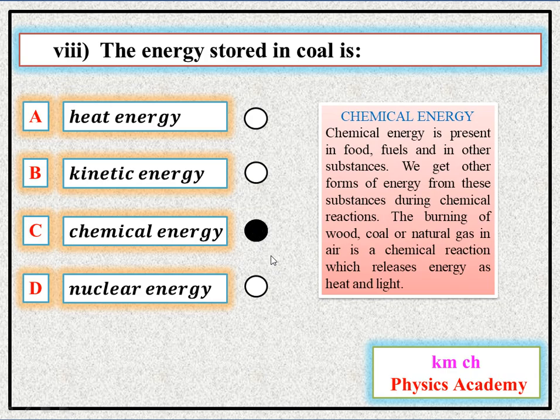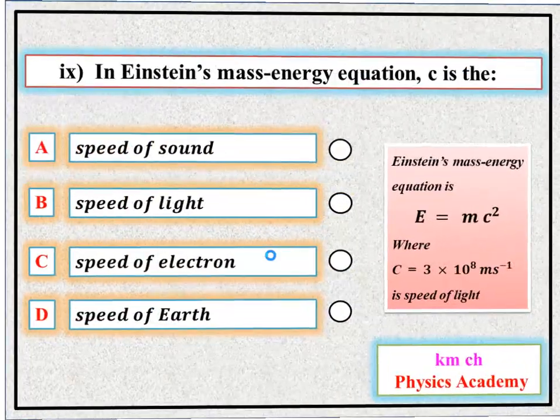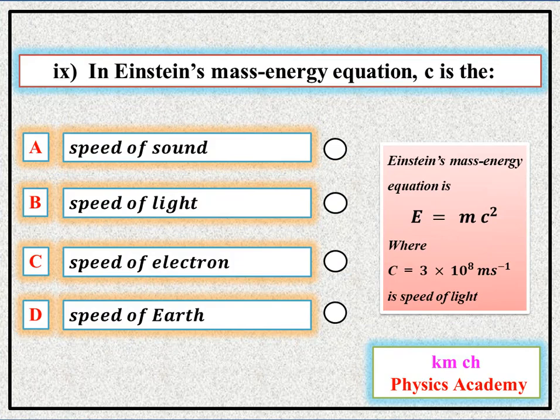Question number 9. In Einstein's mass energy equation, c is, options are A. Speed of sound, B. Speed of light, C. Speed of electron, D. Speed of earth.